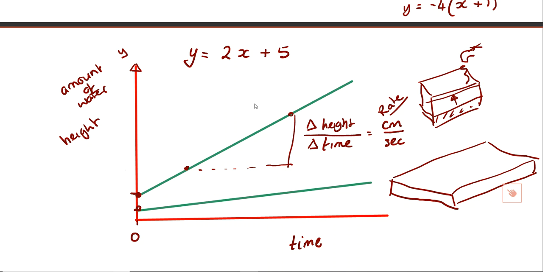What would it mean if I did this? So what would that actually tell me? It does tell me something. Oh, that y equals 7. So what does that mean?